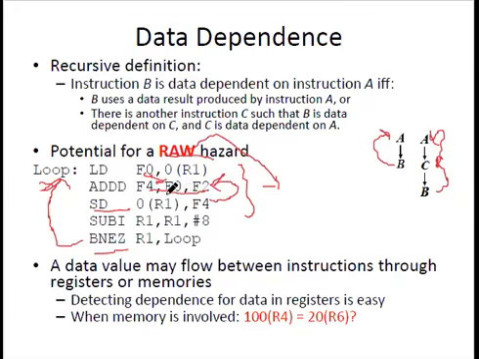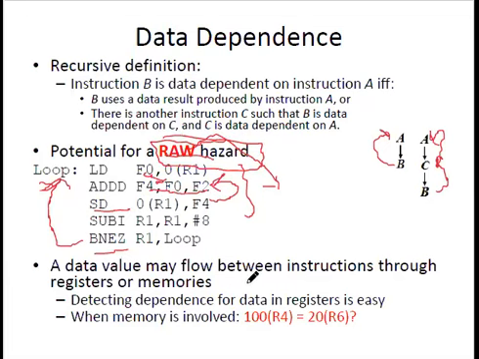If the value of F0 is not updated, the add will read the false value of F0 and execute with an undesirable result. This kind of hazard is known as RAW, a read after write hazard.